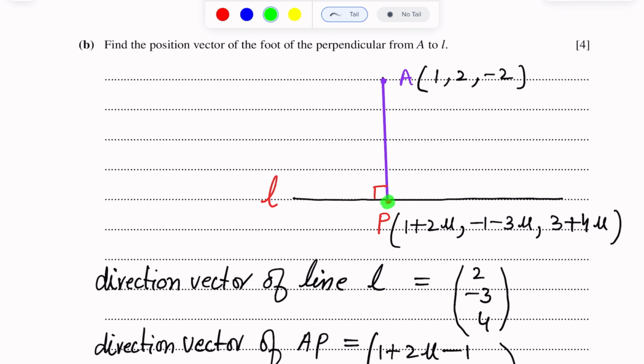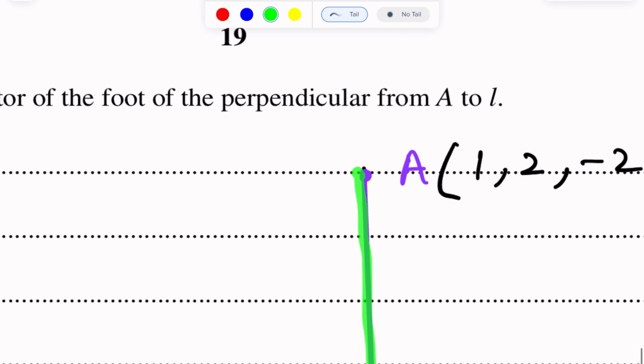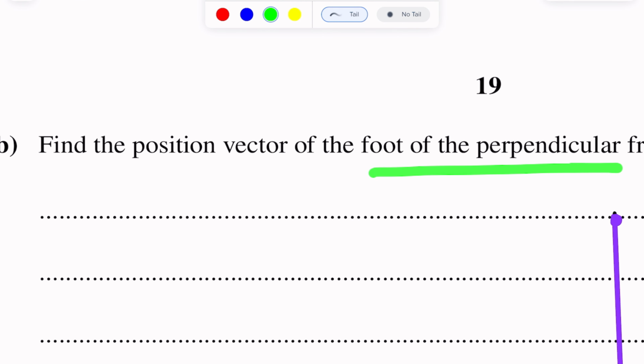Also this P is the foot of perpendicular. So we have to write this in position vector form.